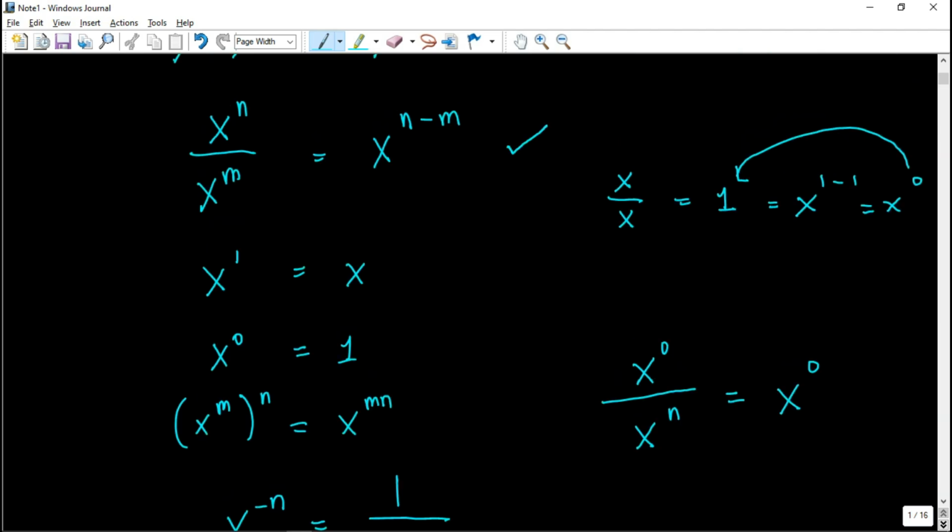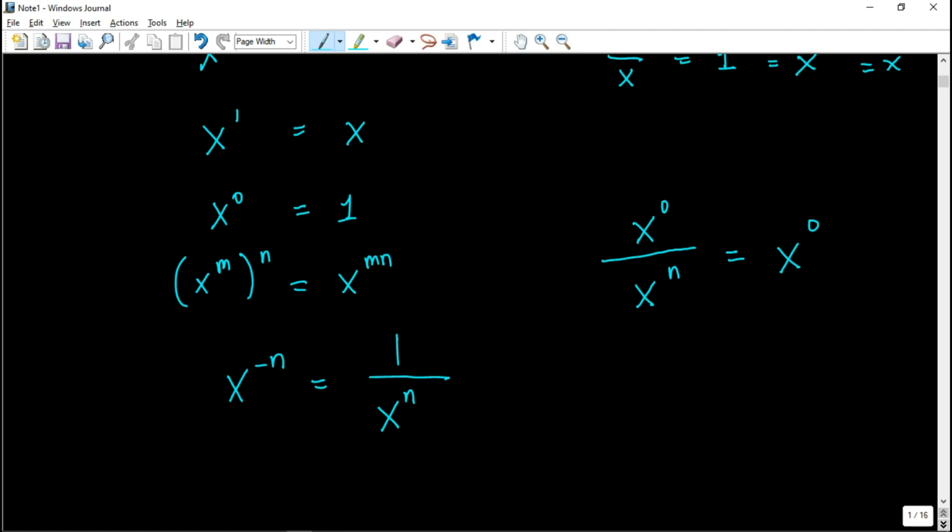Okay, so this is 0 minus n. This is now equal to x raised to negative n. And simplifying this is just equal to x raised to 0, that is 1 all over x raised to n. Therefore, concluding that x raised to negative n is just equal to 1 all over x raised to n.